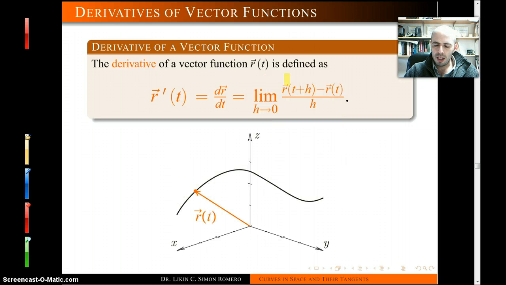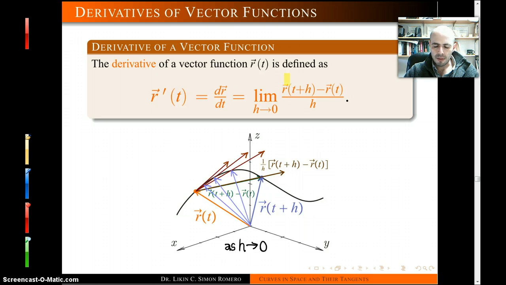So you have r of t here, r of t plus h is there, and that vector over here is r of t plus h minus r of t. When you multiply by 1 over h, if h is really small, it will increase the length of the vector a little bit. And then as h goes to 0, this vector is getting closer and closer to being the tangent vector to the curve at that particular point.